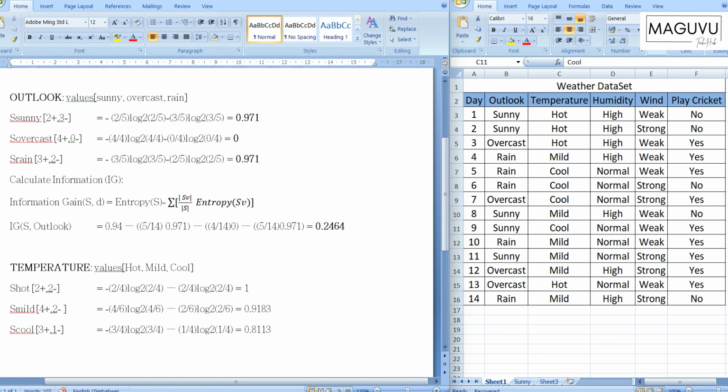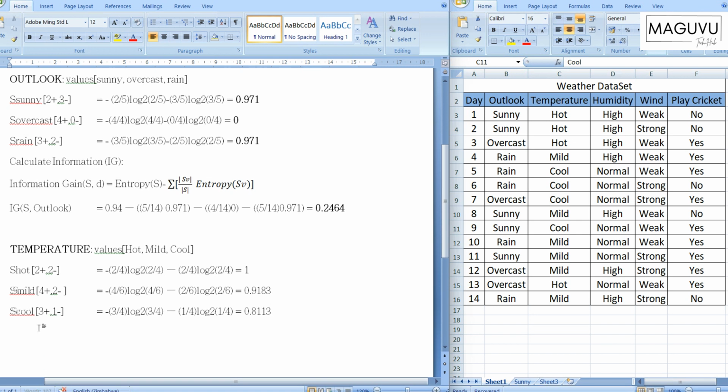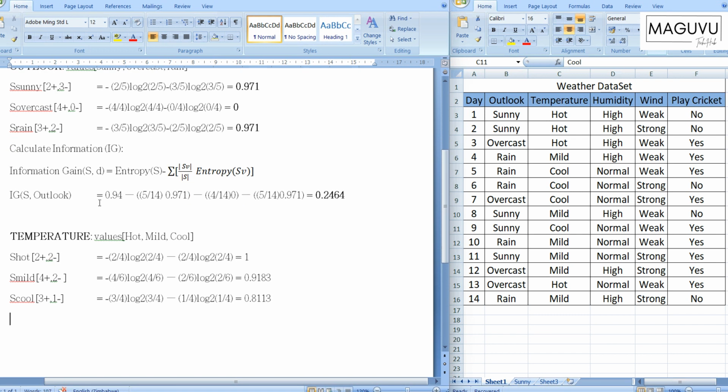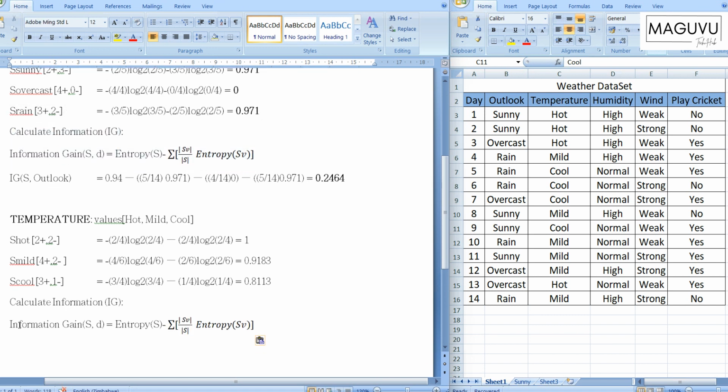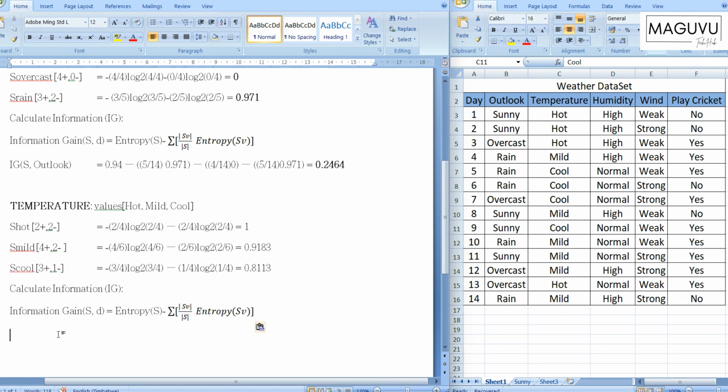Once we have calculated all the entropies of temperature, we then also want to calculate the information gain. So let's just copy that and bring it down, and then we go ahead and say information gain of S, temperature, right?